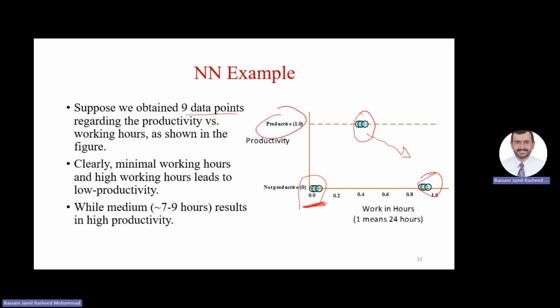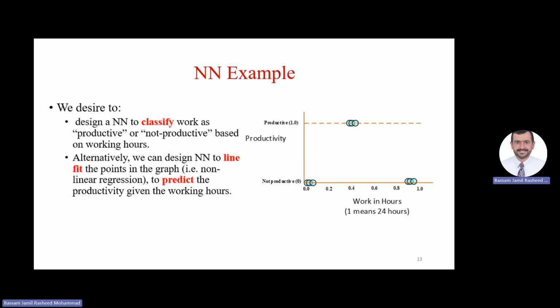Okay, so some numbers now. What do we need to do here? We need to design a neural network to classify the work as productive and non-productive, or alternatively, we need to do line fitting. We could do either.